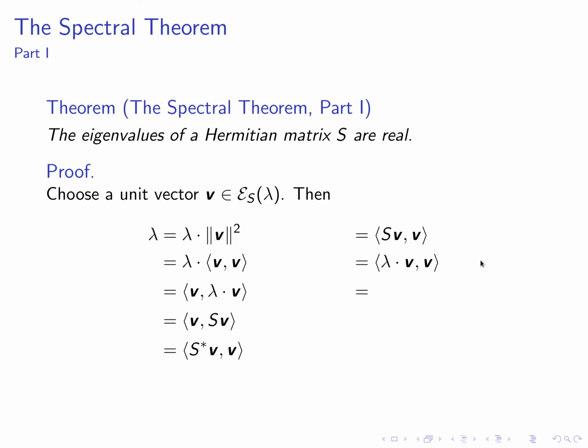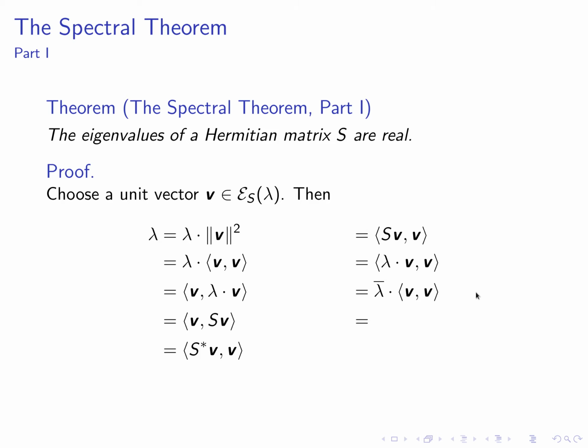And now we know that we can always factor out scalars from the first part of an inner product, but when we do, we have to conjugate that scalar. So now lambda times v inner product with v is the same thing as the conjugate of lambda multiplied by the inner product of v with itself.